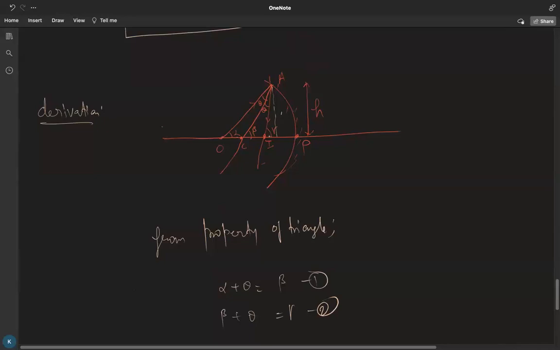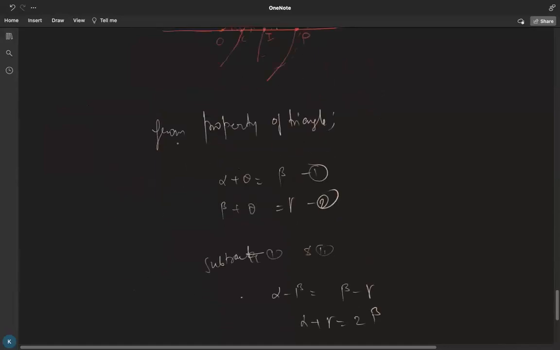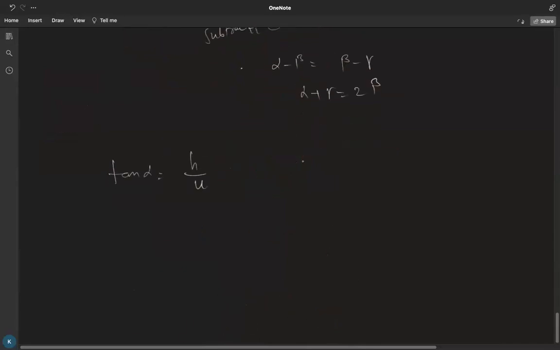I'm assuming it's near the pole, so I'm considering the paraxial ray where the reflected ray is near to the pole, and this distance is very negligible. So the tan of alpha is h by u, where u is the distance of the object from the pole.